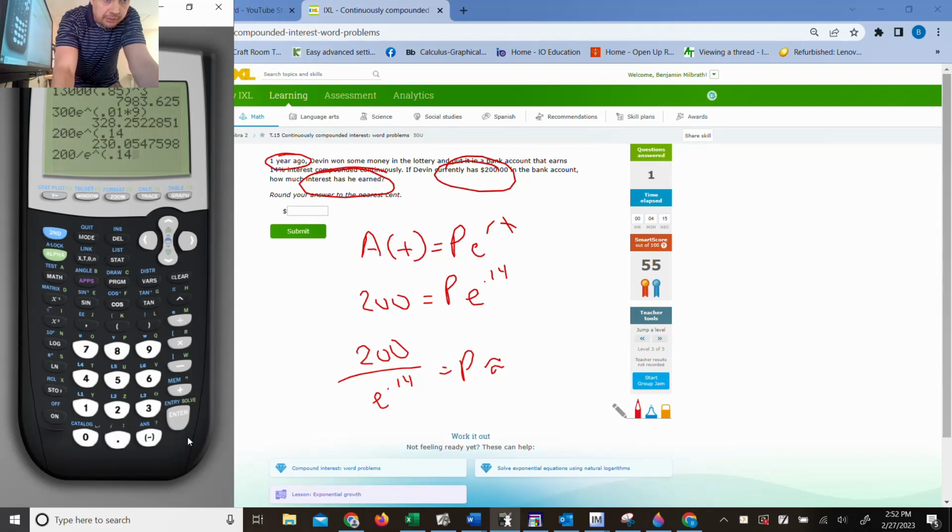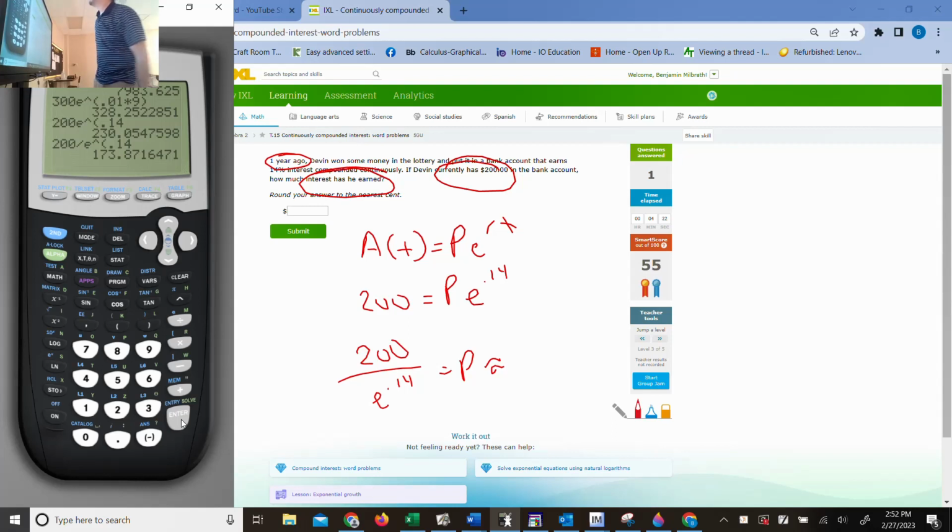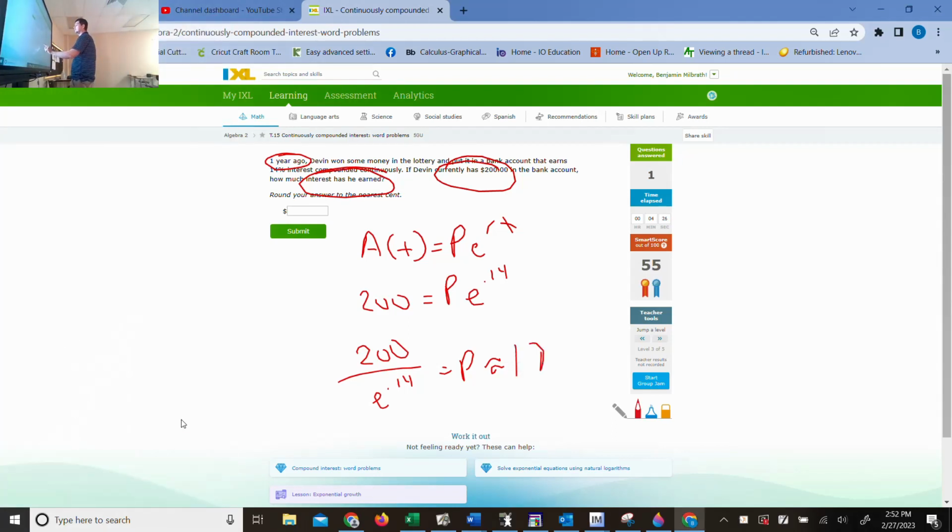So 200 over e to the 0.14, assuming I didn't miss a decimal, is $173.87. 173.87. Now remember, he has 200. So originally he invested 173.87.